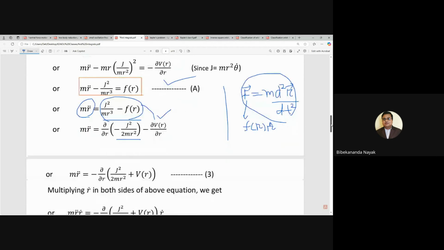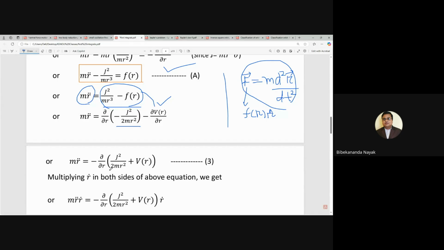So finally we got m r double dot is minus del by del r of the derivative of this quantity. If the right hand side is the force, then this bracketed term must be a potential, because the equation of motion m r double dot is equal to f(r), or m r double dot is minus del V by del r. So this actually behaves as a potential, which we call effective potential.